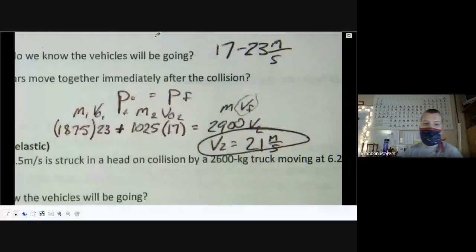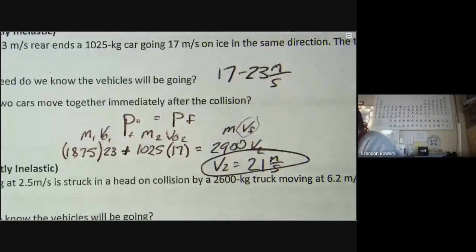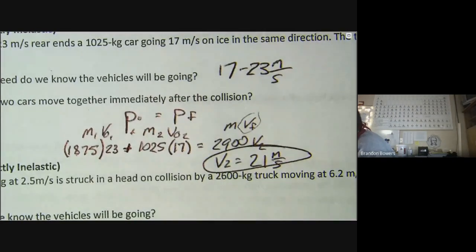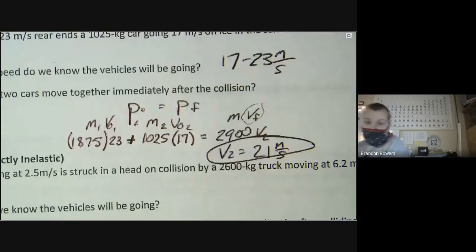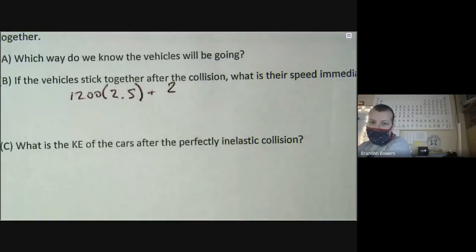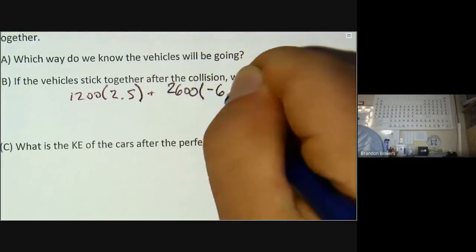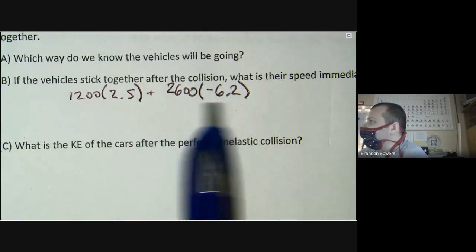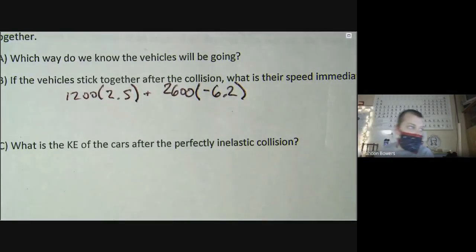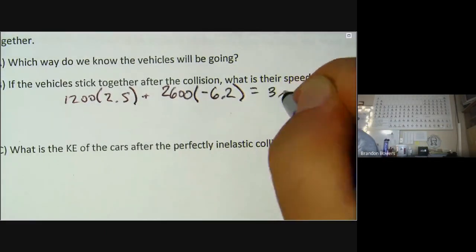All right. So you have mass of vehicle 1, so 1,200, times its velocity, plus mass of vehicle 2 times its velocity, negative 6.2. Wouldn't you subtract that since they're going opposite directions? It's the same as what he has there. You're adding something negative. All right. So that is equal to the combined. Since they stick together, my combined mass is 3,800.